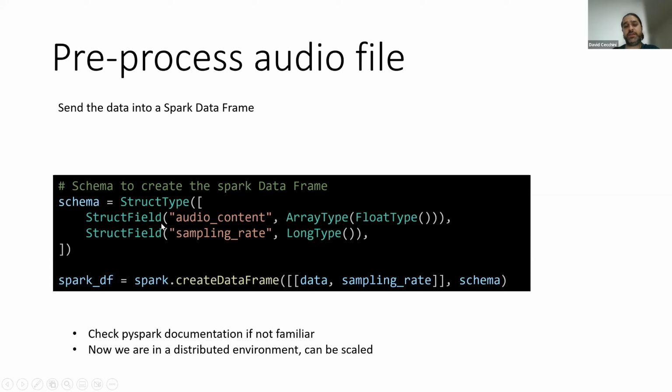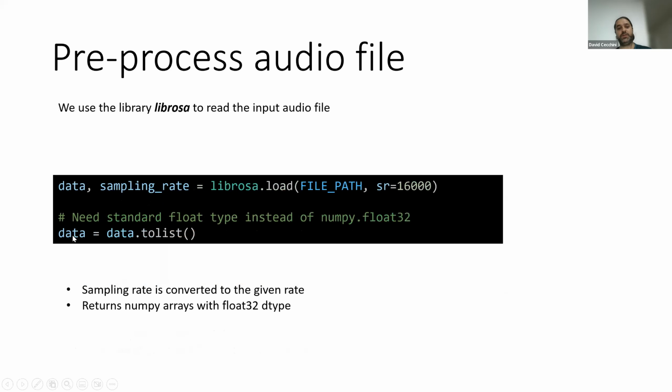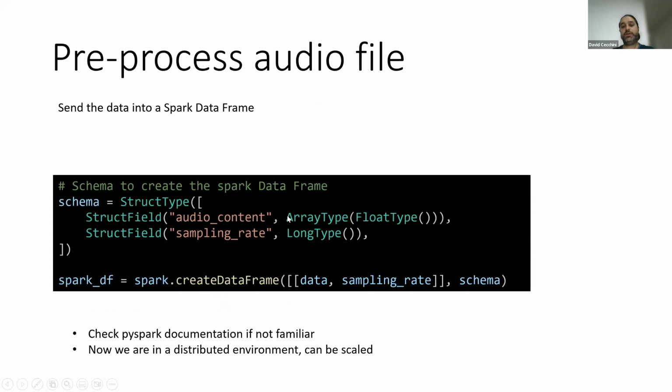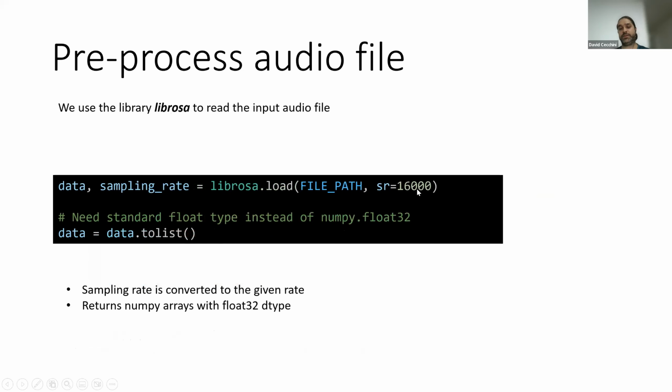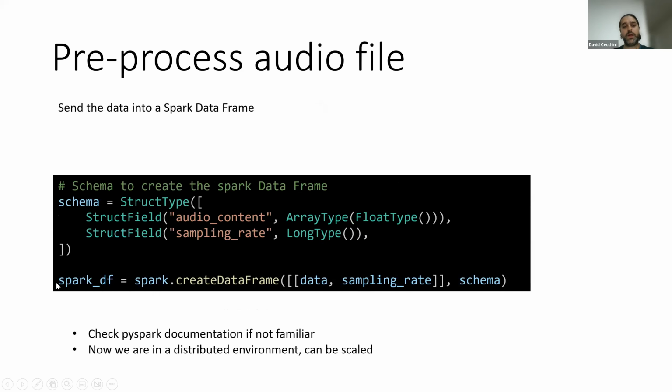It's just saying that we have the audio content, which is what we got on the previous step, this data, which is a list of float numbers. So it's an array type of a float type, and we have the sampling rate, which is just a number. In this case, we have 16,000. And then we will create the data frame with these two columns.